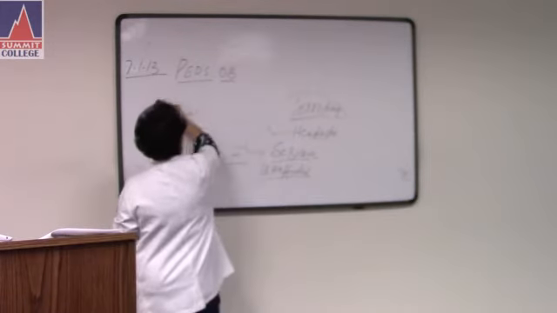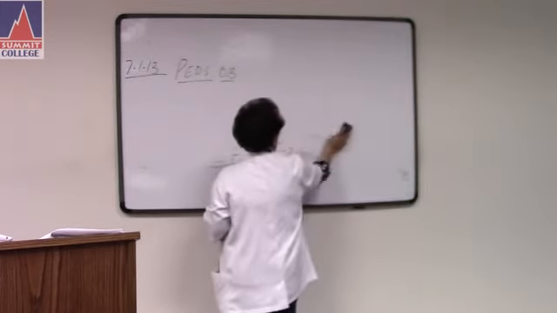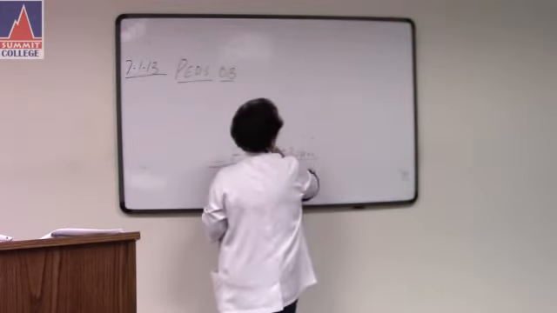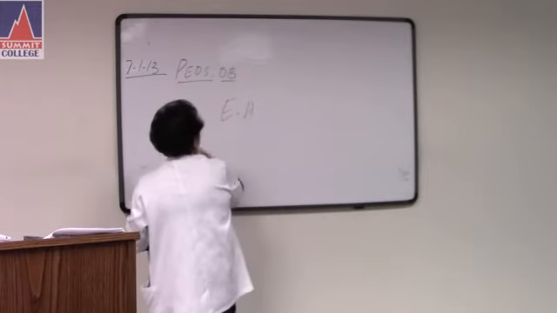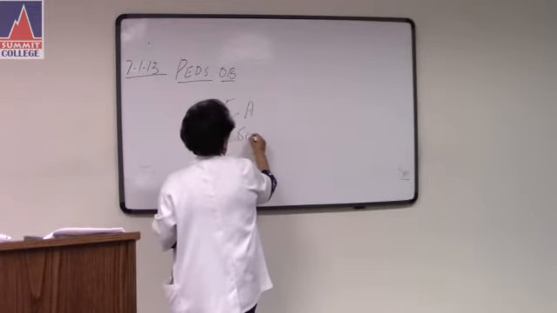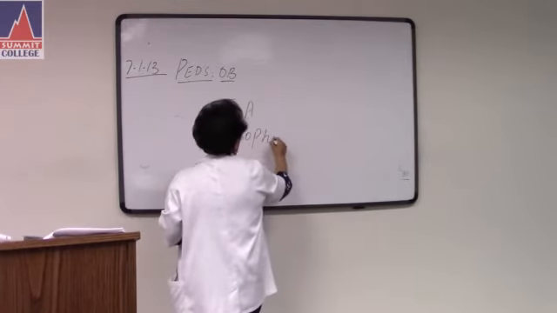The word is tracheoesophageal fistula. What is tracheoesophageal fistula in babies? Sometimes they use another wording, EA, which stands for esophageal atresia, A-T-R-E-S-I-A.